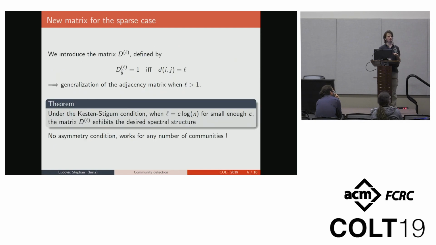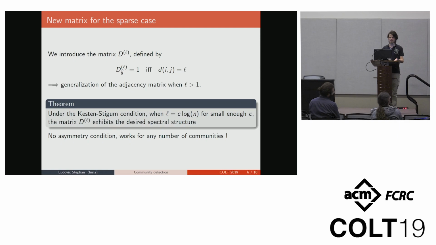So in order to tackle this problem, we introduced a new matrix defined with a parameter L, and we define it by simply: it is 1 if and only if the distance between both vertices is L and it's 0 otherwise. So it's somewhat a generalization of the adjacency matrix when L is larger than 1.